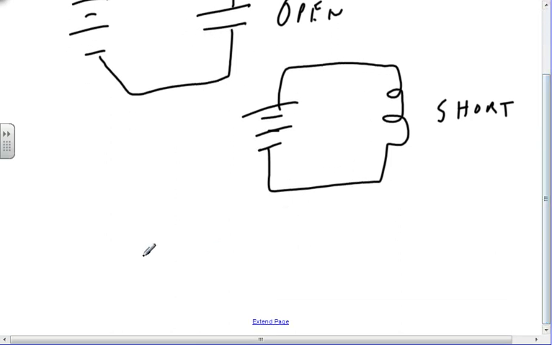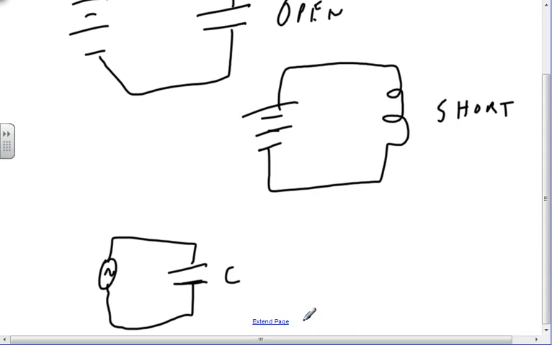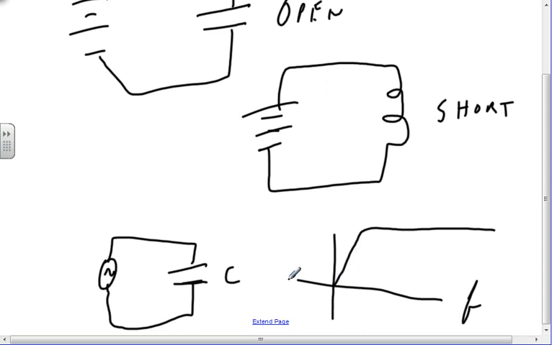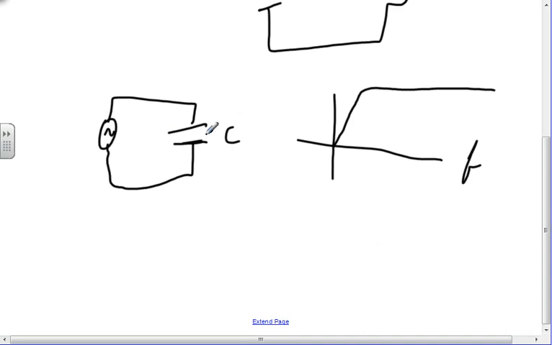If I put an AC signal into my capacitor, then as I increase the frequency, I increase what's going through there. At DC, no frequency at all, I have no current flowing, but as I increase the frequency, I end up being shorted out. So at high frequencies, this guy's going to be a short. He was an open at DC, he's a short at AC.